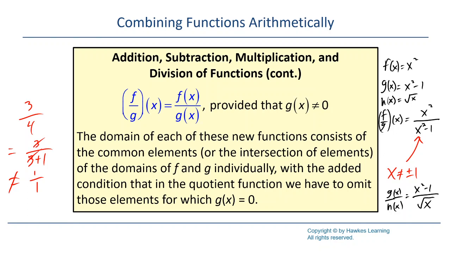So beforehand, any value was okay for x squared minus 1. You could go from 0 to infinity with 0 being included for square root of x, but now you can't include 0 because if you do, now you're dividing by 0. So you just have to be very cautious with these and exclude any values that will make the denominator equal 0.